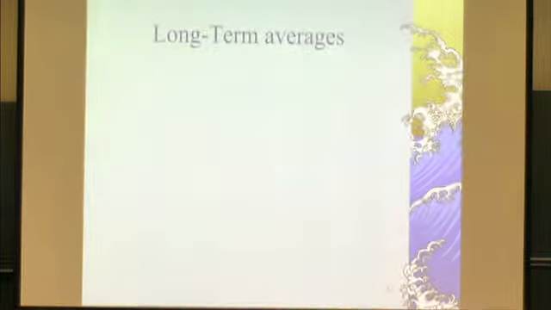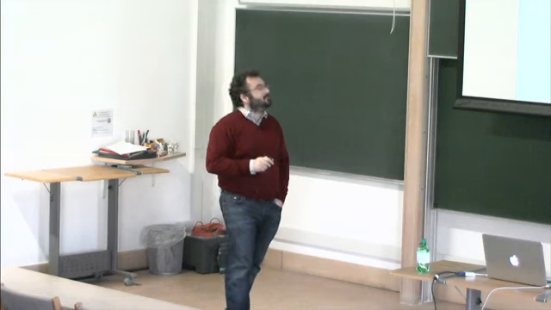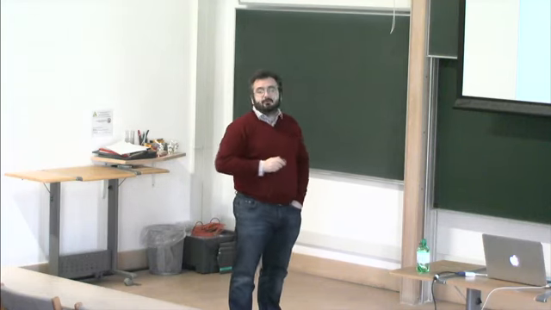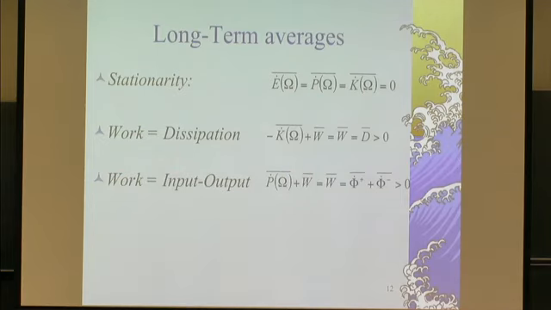Now, let's take long-term averages from before and assume steady state. So, of course, stationarity imposes this condition on the average derivative of energy in all its forms. So, immediately, looking at this part, and imposing that the average of the derivative of the kinetic energy is 0, we get that the work in the average is equal to the dissipation, and by the second law of thermodynamics, this is positive.